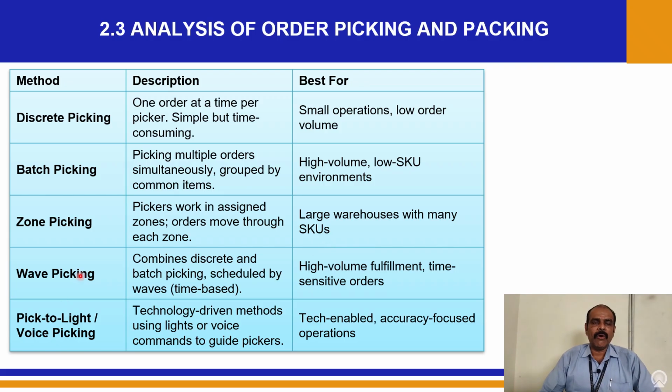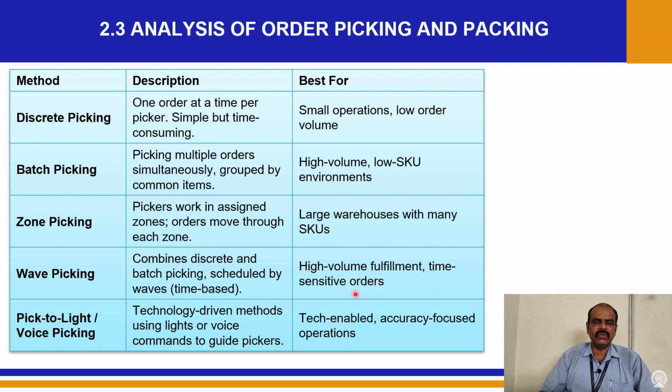The next, wave picking. This is of an undulating nature, something like seasonal, and combines discrete and batch picking scheduled by waves. Waves are nothing but time based. Usually it will be preferred for high volume fulfillment and time sensitive orders.